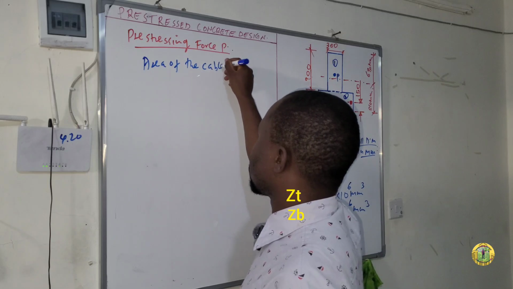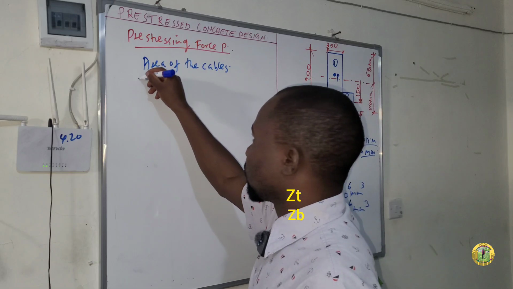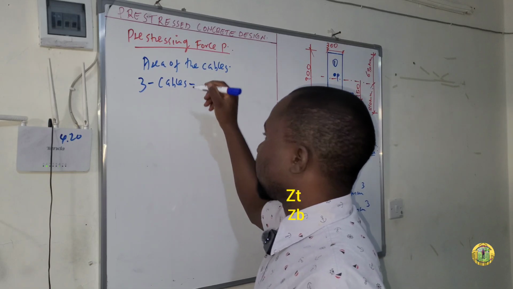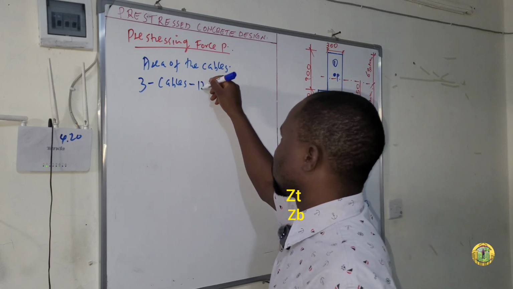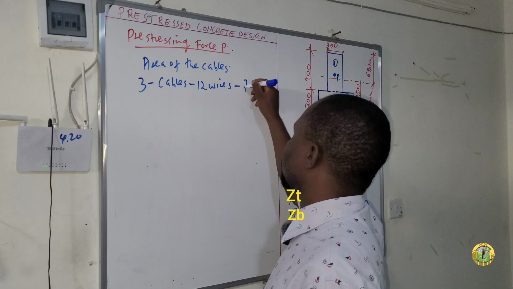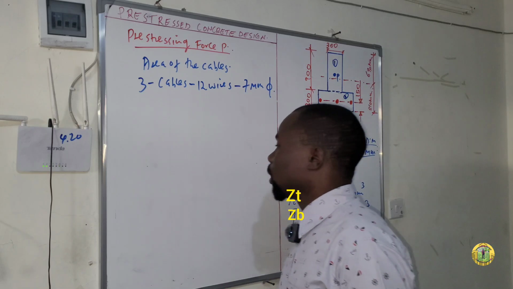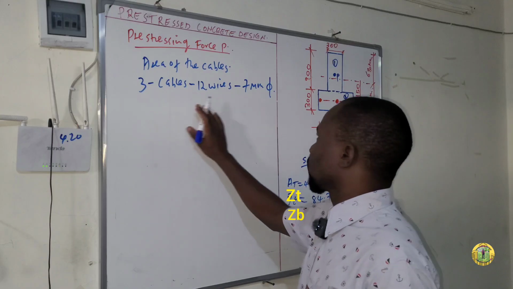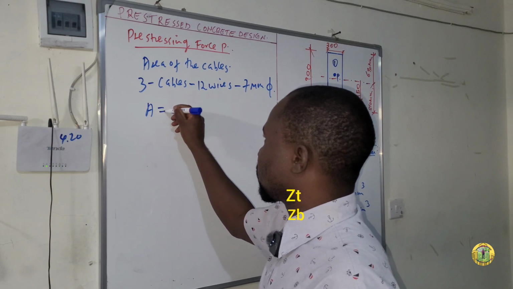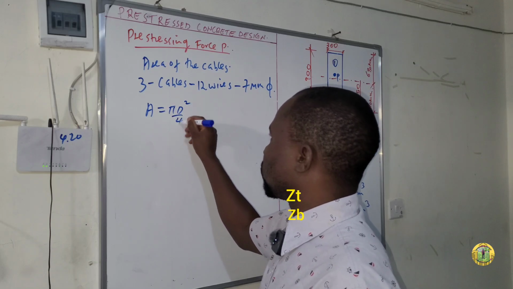So area of the cables. Remember, in our question, we have been given 3 prestressed cables, each containing 12 wires, and these wires are of 7 millimeter in diameter. So the formula for area is pi d square over 4.